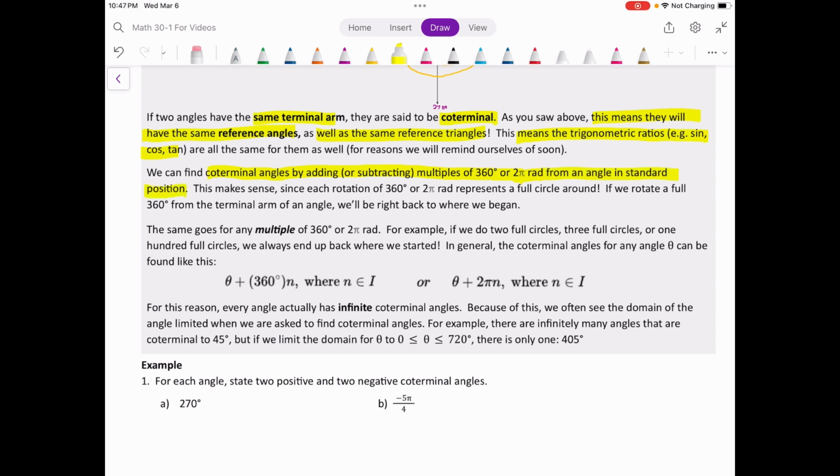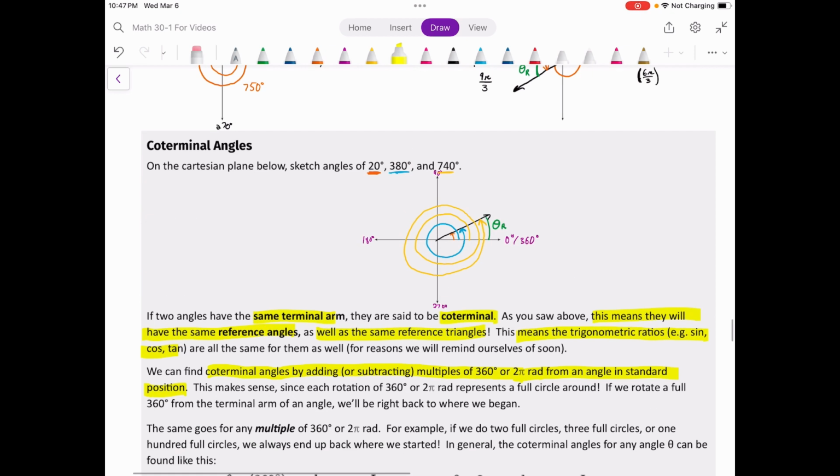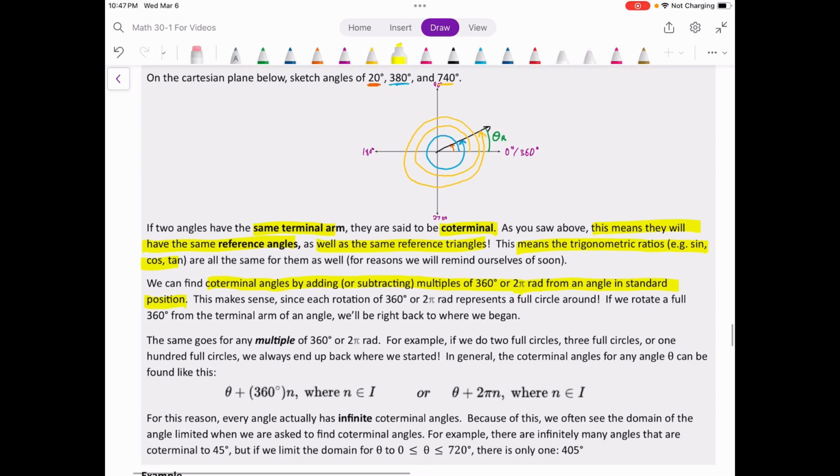And that makes a lot of sense, right? Because think about it. If you're facing some object in your room and you do a full circle, you're going to be back to where you started. You're going to be facing that same object again, right? If you do 10 full circles, you're going to be facing that same object again. Every time you do a full circle, you end up back where you started, right?